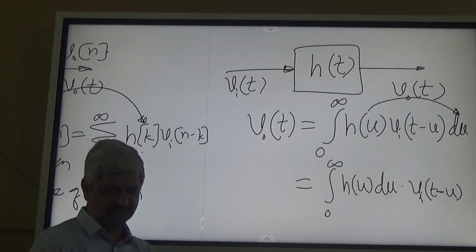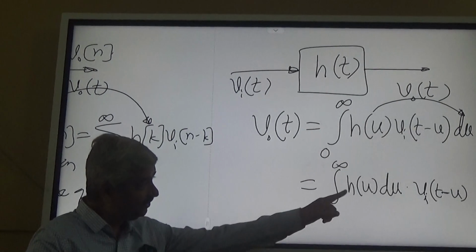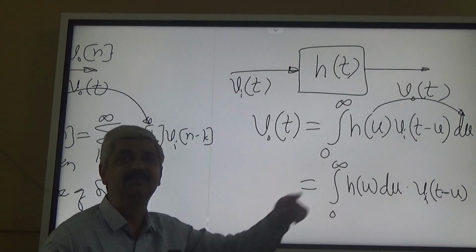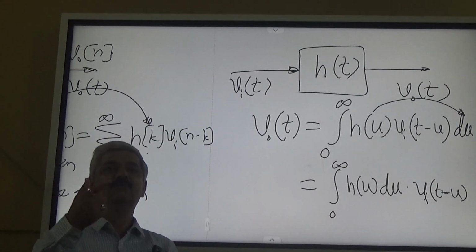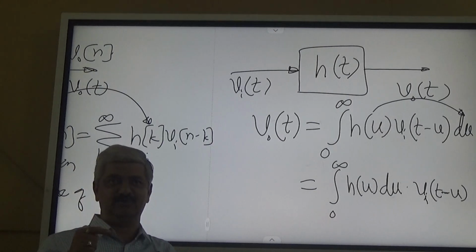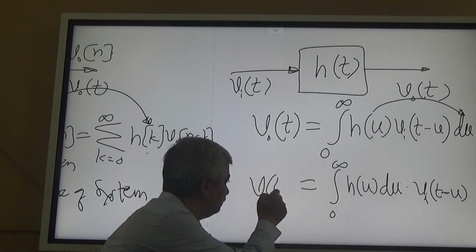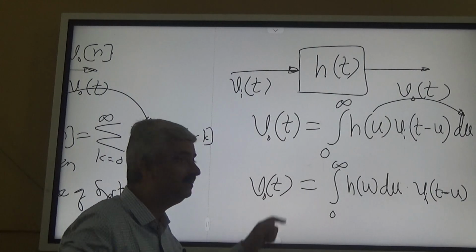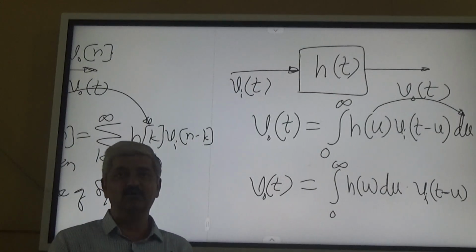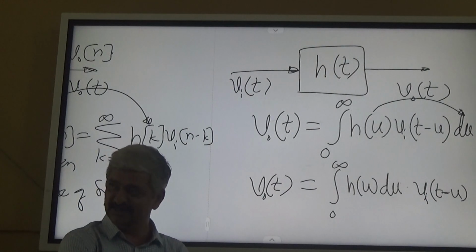Vin(t minus u) will be what? Input. What is Vin(t)? Current input. And this is Vo(t), the current output. Vo(t) is the current output, Vin(t) is the current input.